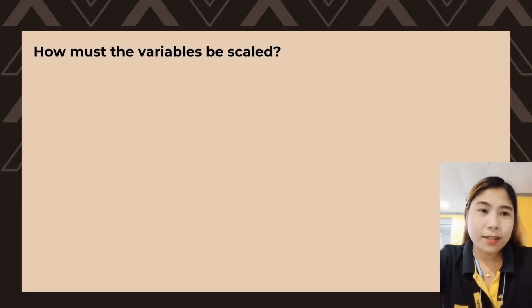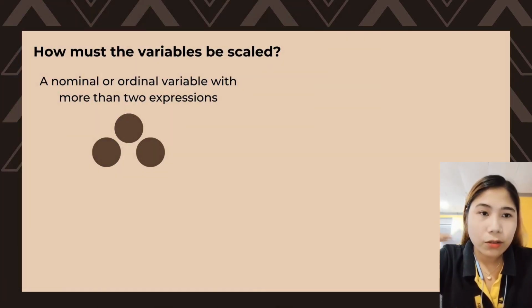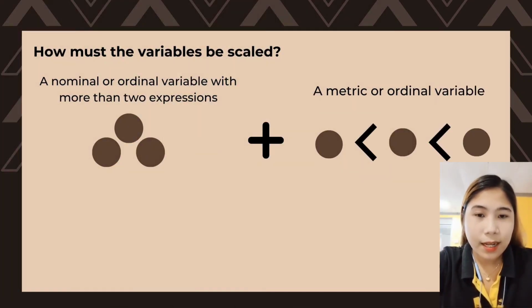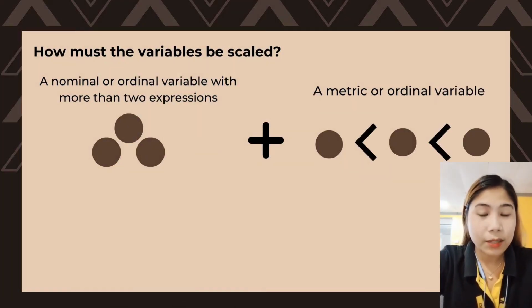How must the variables be scaled? So, a nominal or ordinal variable with more than 2 expressions. Ayan. So, based on the PowerPoint para ma-scaled yung Kruskal Wallis test, kailangang available yung mga characteristics ng mga random samples.